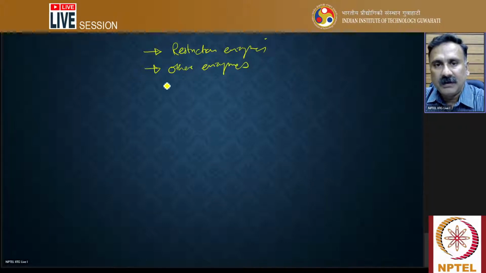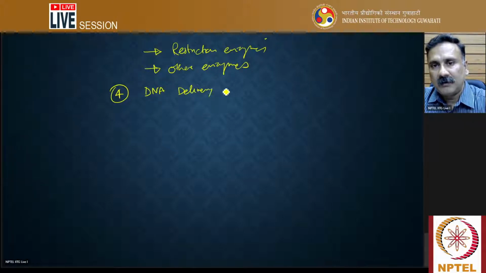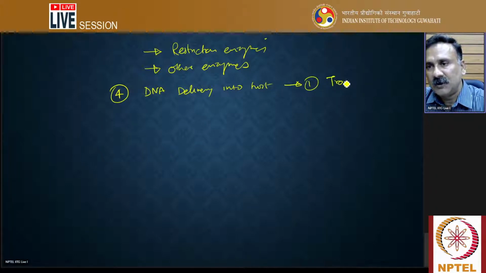And once your clone is ready, then in the fourth module, we discussed the DNA delivery into the host. Within this, we discussed transformation, and we showed the transformation by the chemical method.